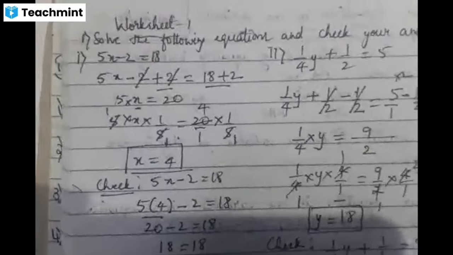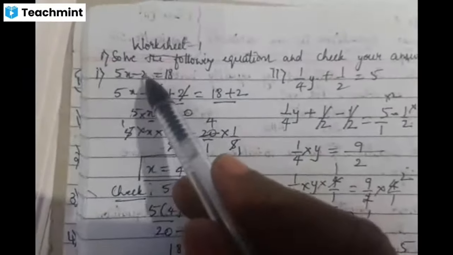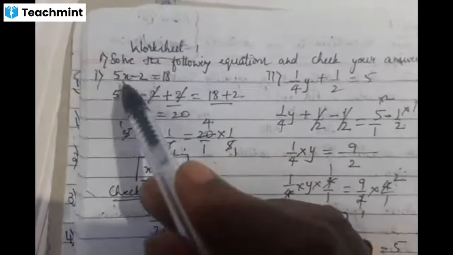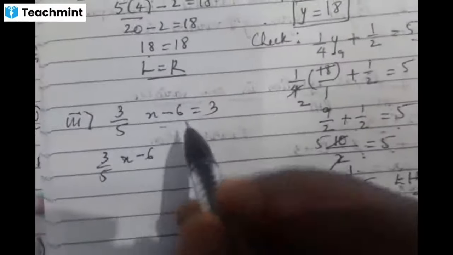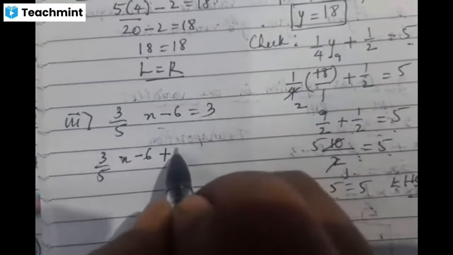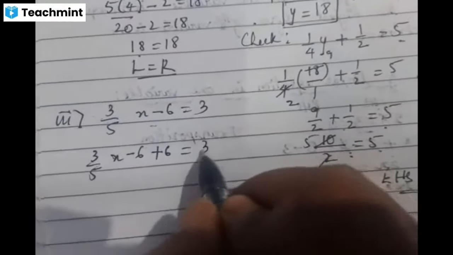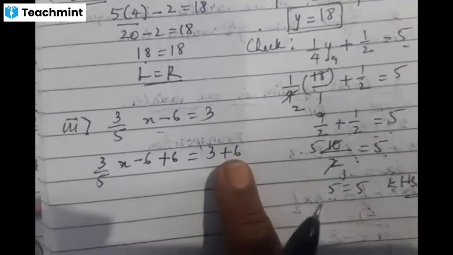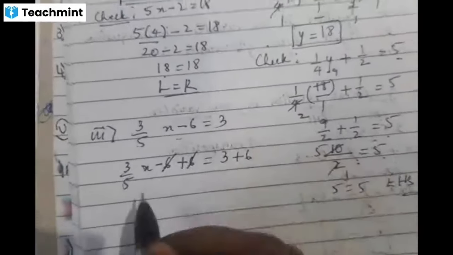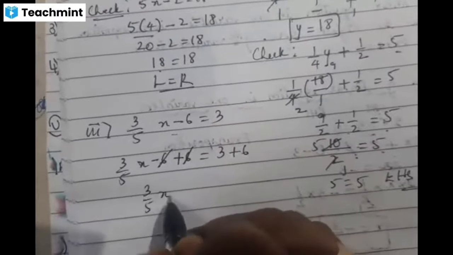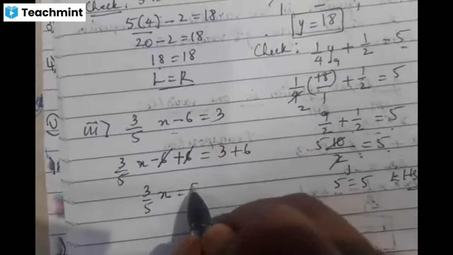Then we have to remove the multiplication or division sign. First we have to remove plus or minus, then we have to remove the multiplication or division sign. So here minus 6 is there. To remove minus 6, I add plus 6. Again, I add plus 6 in the right hand side. Minus 6 plus 6 get cancelled. 3 by 5 x is equal to 3 plus 6, which is 9.